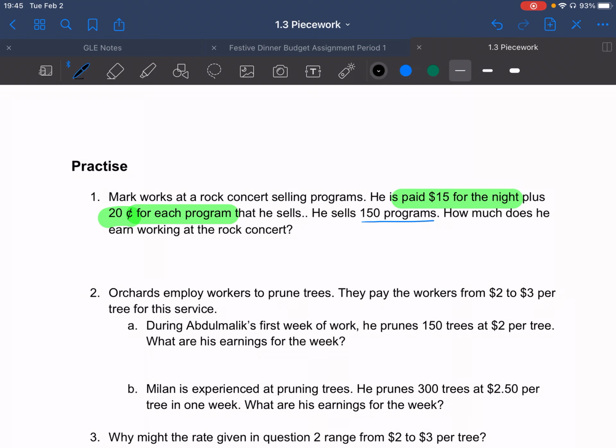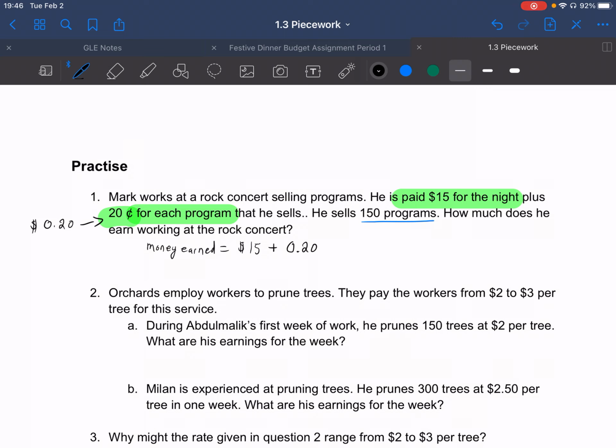From what we remember, we're going to make sure that this is now into dollars. So we switch that to dollars away from cents. So that's $0.2. Okay? We know he makes 15. What we need to do now is make that equation. So money earned is going to equal that $15 plus that 20 cents for each program.